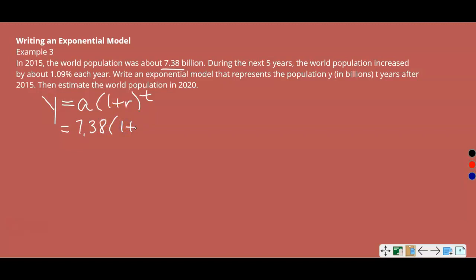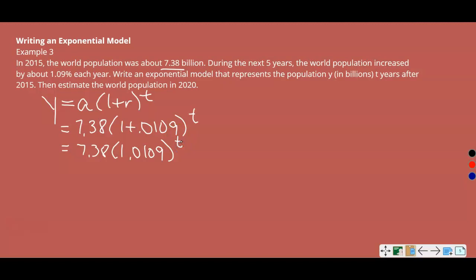So when we write this in our equation, we have to change this to a decimal. So remember, you change it to a decimal by moving it 2 decimal places. So I'm going to move it past the 1 and then add a 0. So 0.0109, and then to the t power. So we're going to have 7.38 times 1.0109.